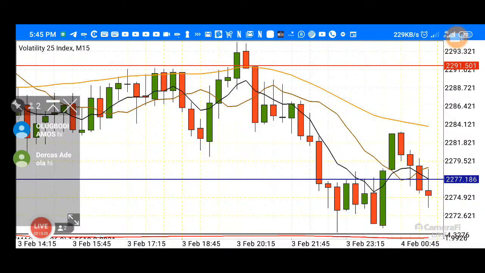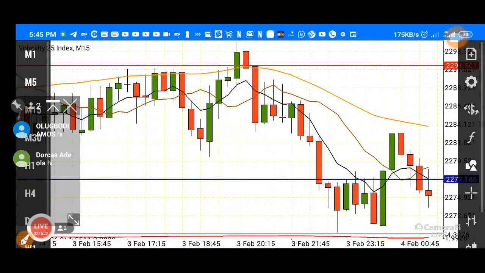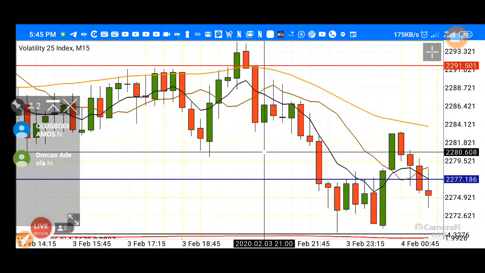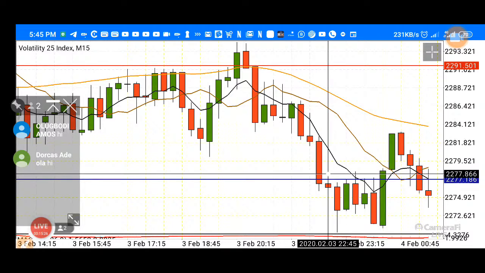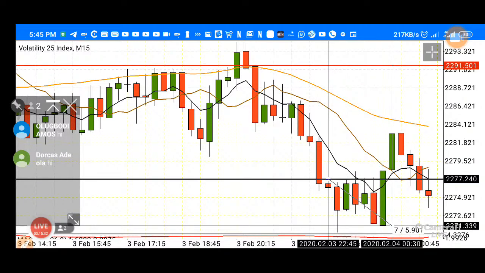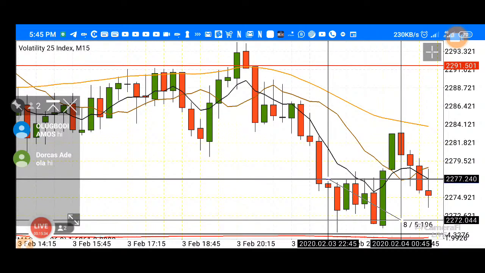So if you held it till this level for the break and retest strategy, let me calculate your profits. You would have gained 5.196 pips. Let's say 5 pips. I hope you get that.